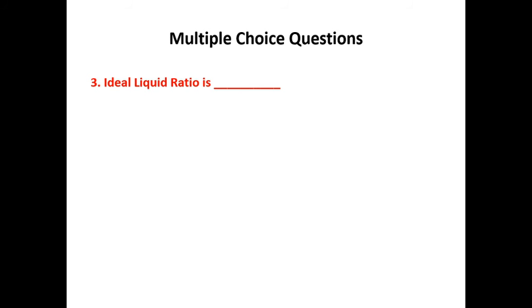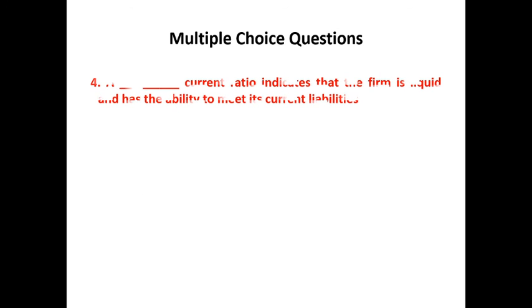Next, the third one. Ideal liquid ratio is, options are 1 is to 1, 2 is to 1, 3 is to 1, 4 is to 1. Which is the ideal liquid ratio? 1 is to 1. Next, fourth question.